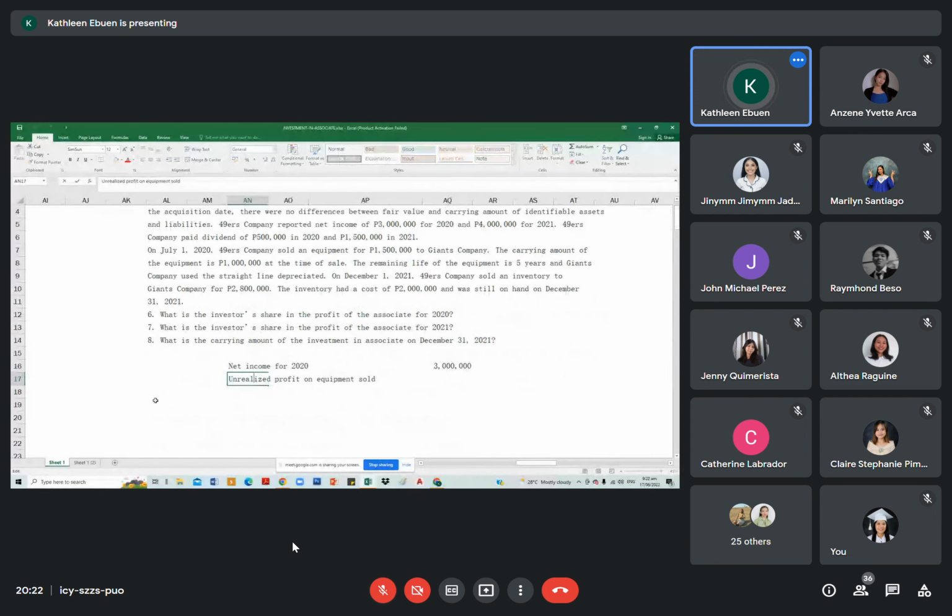Okay, so for equipment sold, 1.5 million less 1 million, magkano yun? 500,000. So 1.5 M minus 1 M, 500,000. So tanggalin natin yan, class, kasi na-report ito as sales.